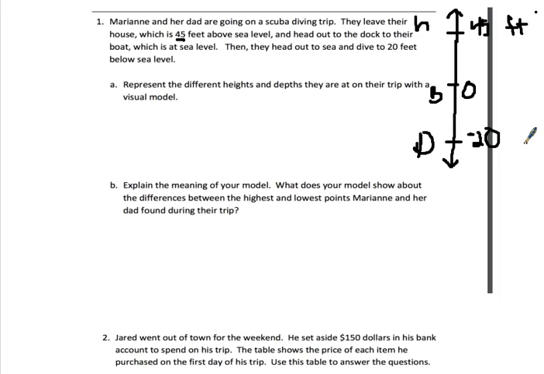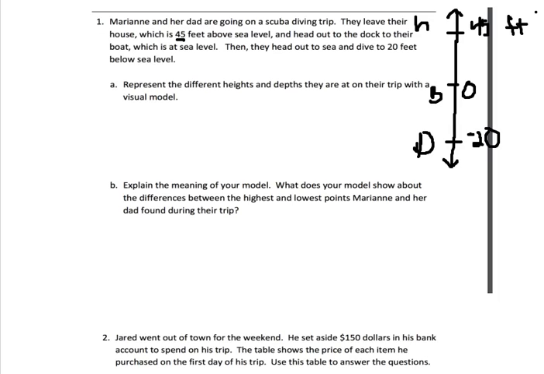Okay, so that explains the highest and the lowest points that they were at, and your number line represents all of the information in your scenario explained in number 1.